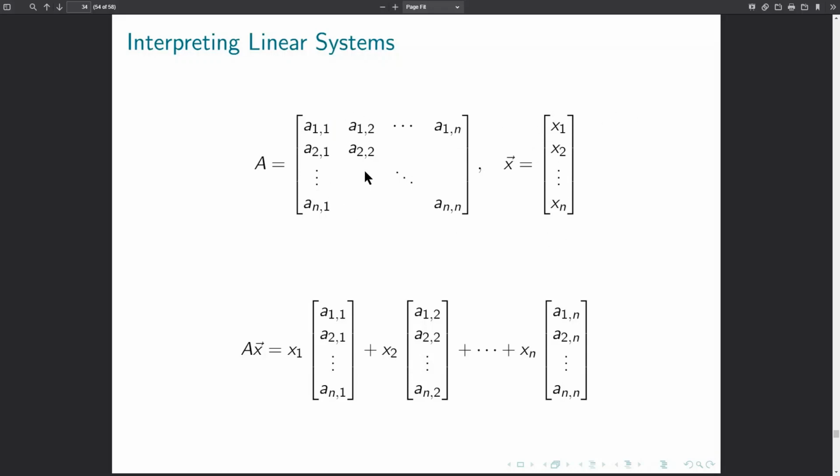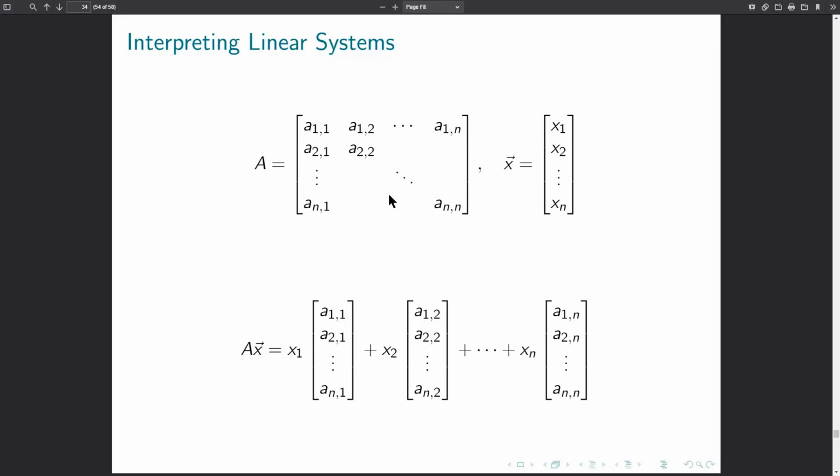Each row corresponds to a linear combination of the unknowns, where the entries of the coefficient matrix are the coefficients. So it's either multiple linear combinations of the unknowns or one linear combination of the column vectors of the matrix.